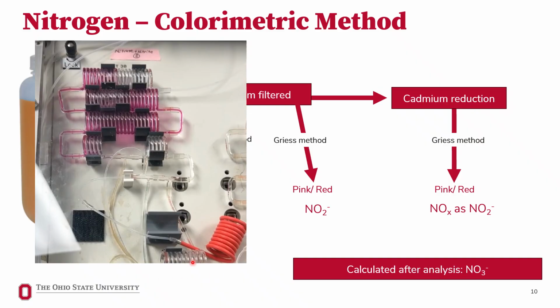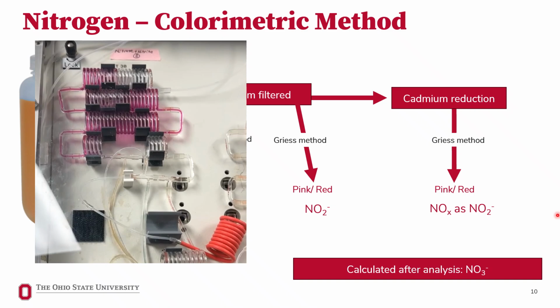The cadmium coil is this piece covered in red, and the sample will be run through it, and next it'll travel up the machine where the reagents for the Griess method are added, and time is given for them to react and turn a pink color, which will then be read on the spectrophotometer, which is located just above the cutoff of this photo.